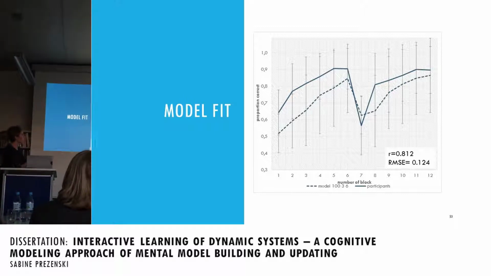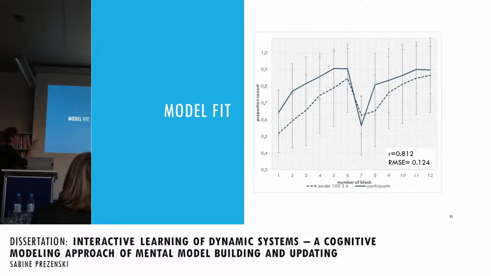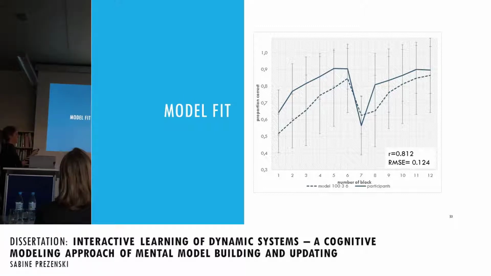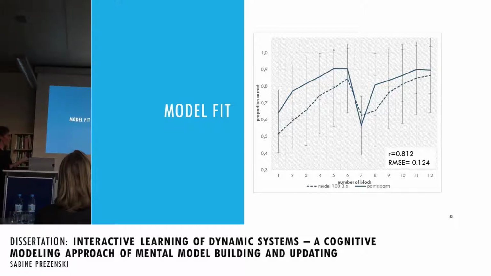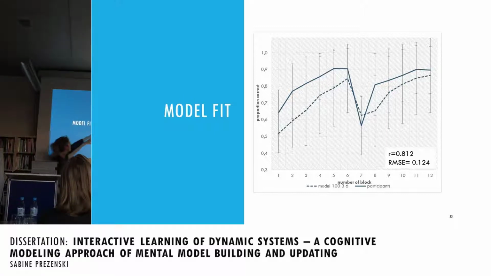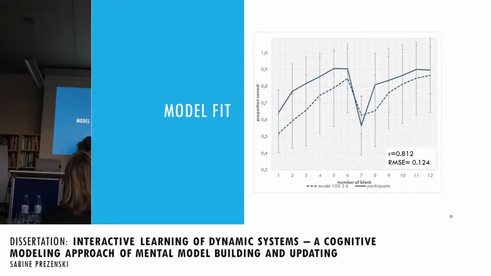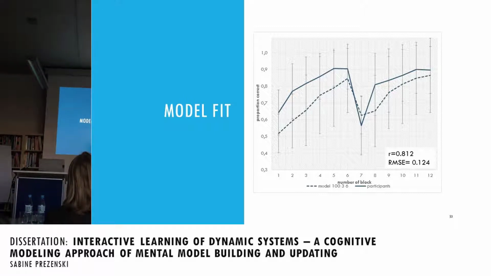Generally, in both data sets we have the proportion correct as the dependent variable, so participants get better, increasing in proportion correct, and then after this uninformed switch there is a drop in performance, and then participants and the model get better again, but there are differences. First of all, the model is worse than the participants, and the model takes longer to recover.